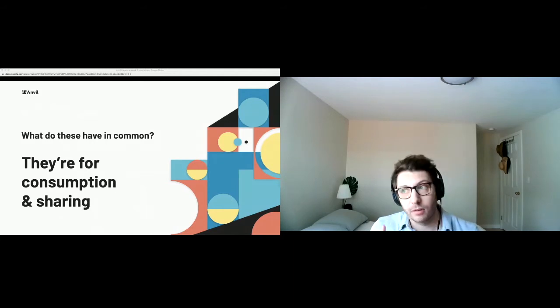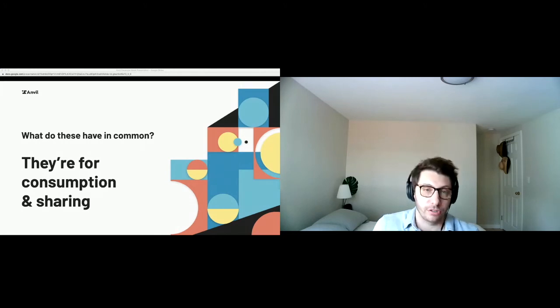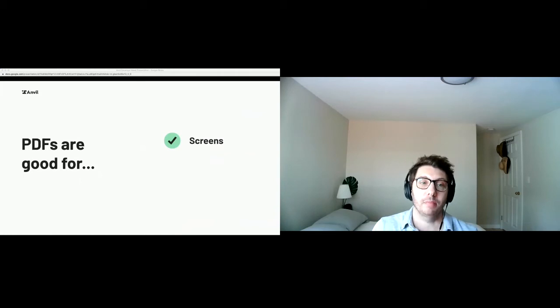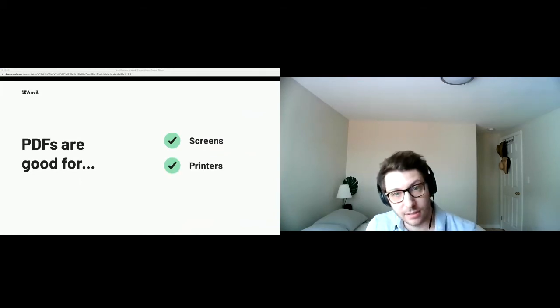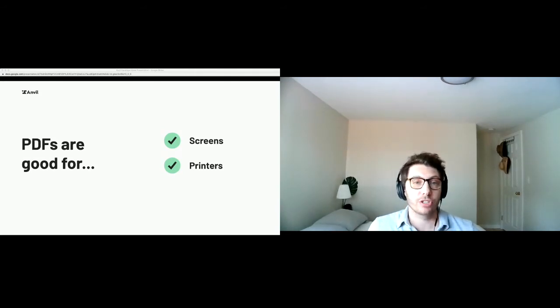So PDFs are really good for things that you don't need to edit. You're not editing the PDF. You're not filling something out in the PDF. All you're doing is reading them. So I think we can say that PDFs are really good for screens and for printers. And this makes a lot of sense because this is what PDFs were originally built for.